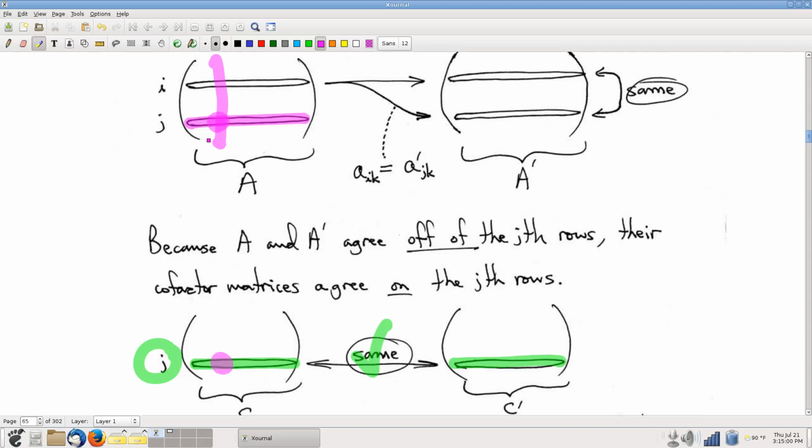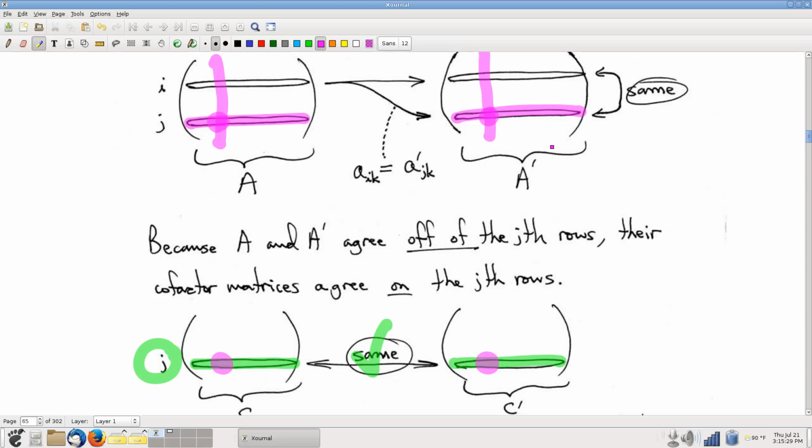There's a certain number of minus ones to factor in, and that's what you get. Now, if I were to do the same thing over here, in the same position in the C prime matrix, how would I compute that cofactor? Well, I go up to the corresponding position in the A prime matrix, cross out its row, cross out its column, and again, look at what's left over. Take the determinant, multiply by a certain number of minus ones.